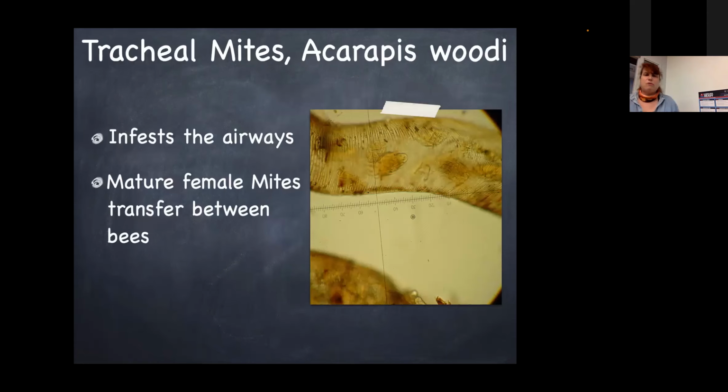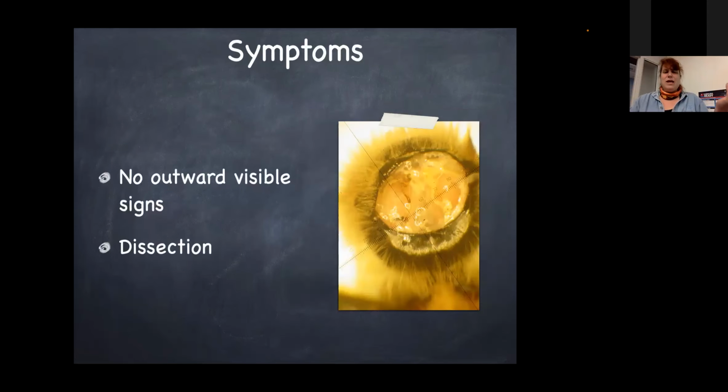We used to have a really big problem with them. They live in the airways of the bees, and you can't tell by looking at them. You basically take a section between their head and their thorax and sample them and then put them under a microscope.